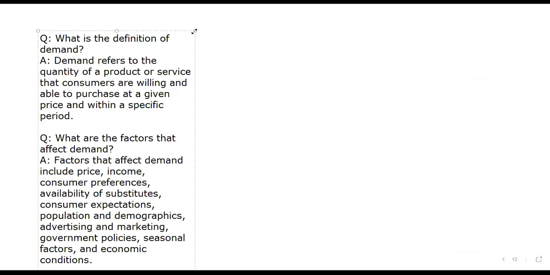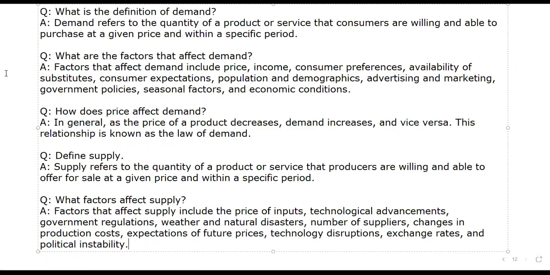That's a recap. Number one, would have questions like, what is the definition of demand? What is the definition of supply? So demand simply refers to the quantity of a product or service that consumers are willing and able to purchase at a given time and price. What are some of the factors that affect demand?